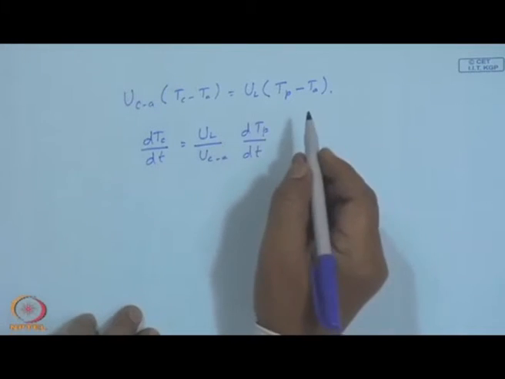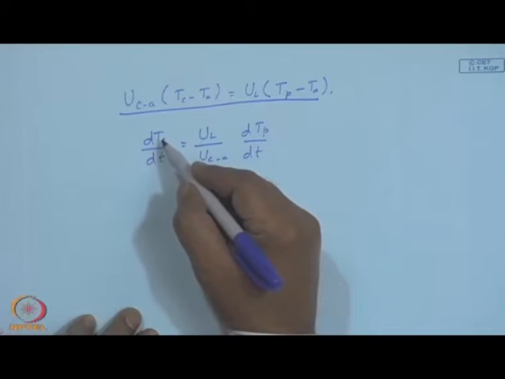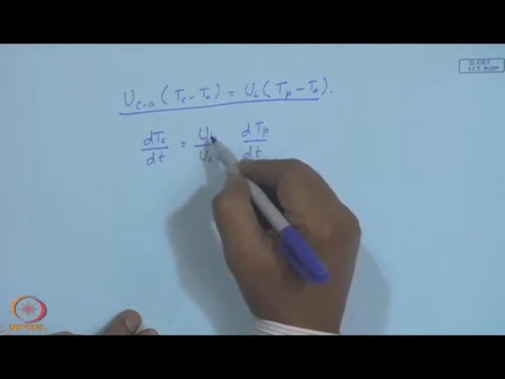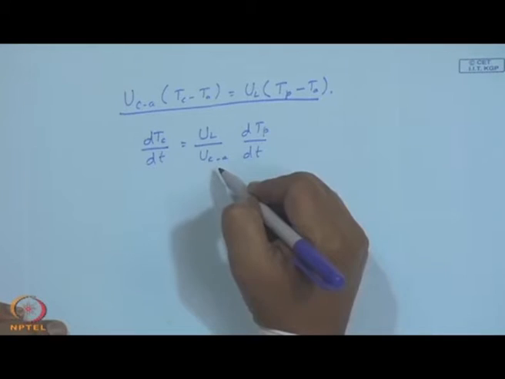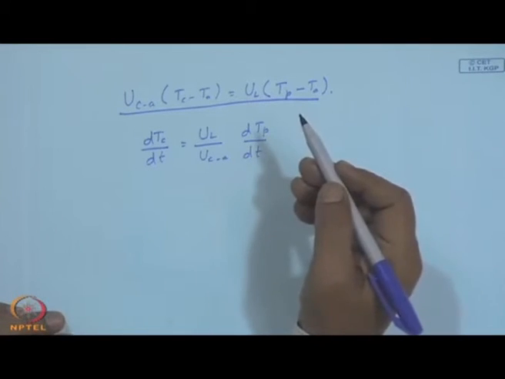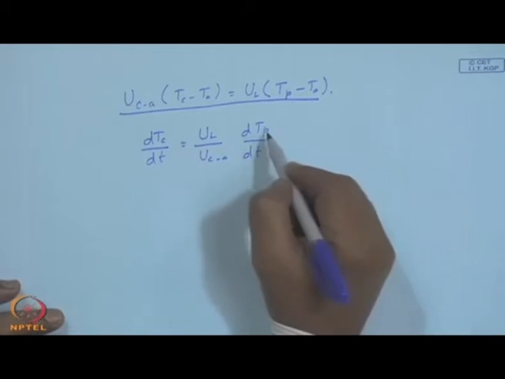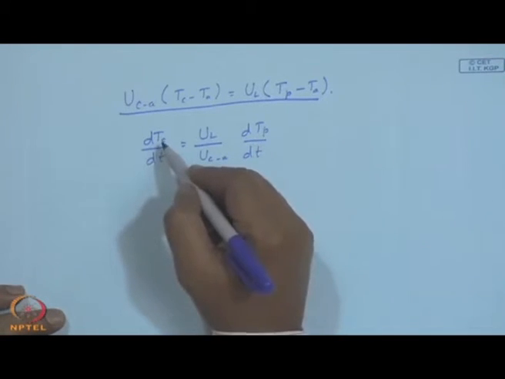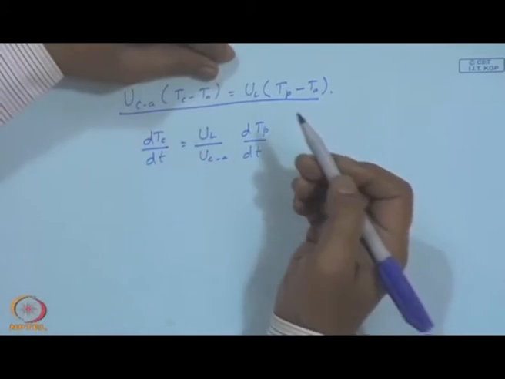We have just differentiated the above equality, and you get the rate of change of the cover temperature related to the rate of change of the plate temperature multiplied by the ratio of the overall loss coefficient to the cover to the ambient loss coefficient. So, basically what it means, physically we can understand, is that if T p changes at a particular rate, T c should change at a corresponding rate depending upon the loss coefficients.